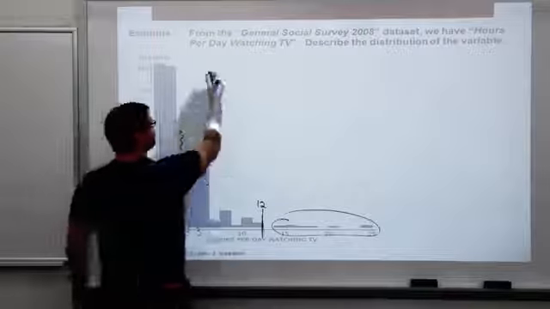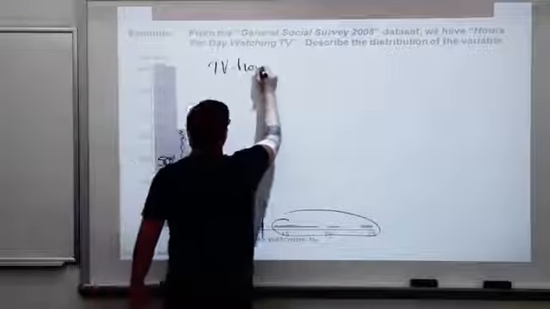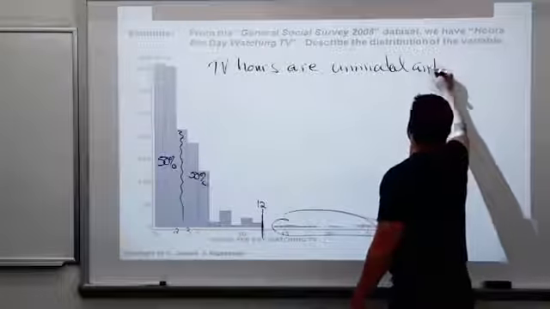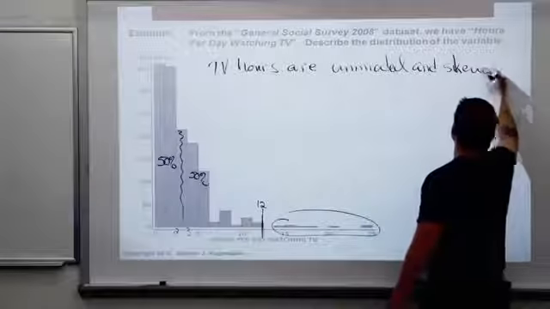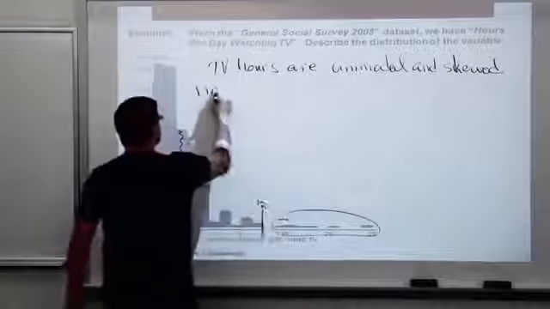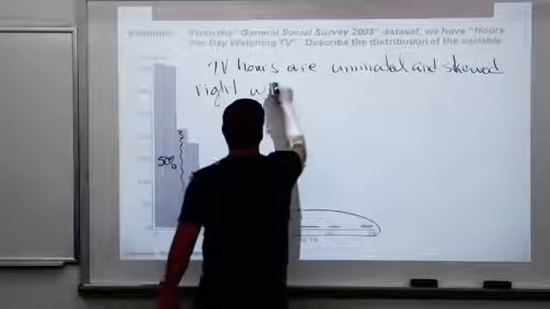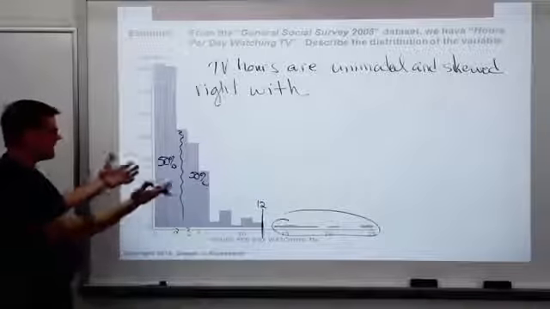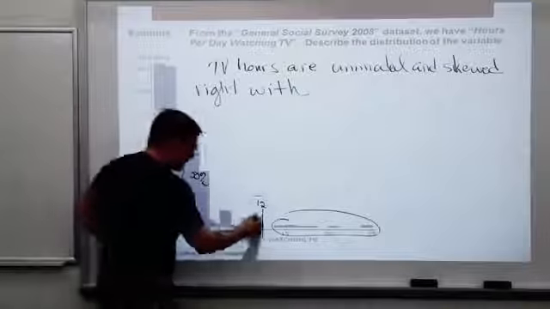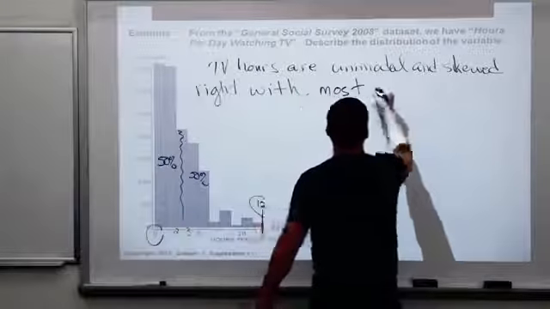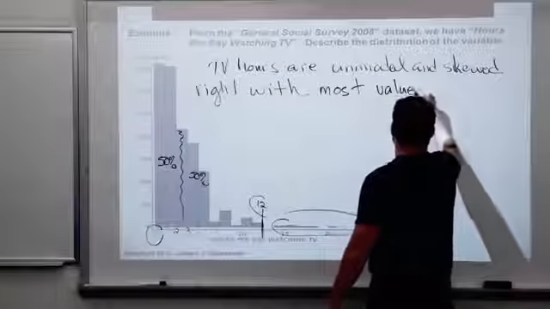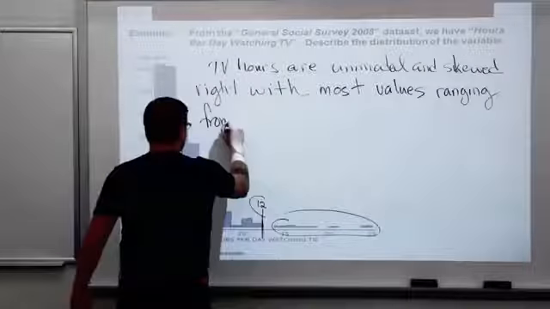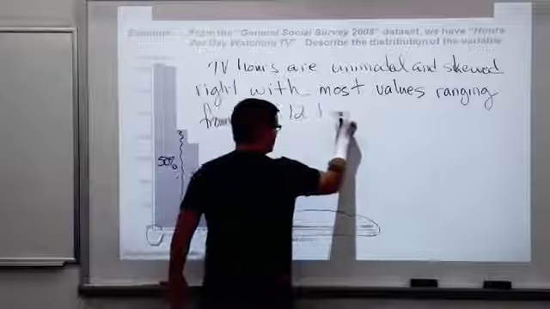All right, describe the distribution. TV hours are unimodal and skewed right, with, usually I can do this in 2 sentences, so I'll say with most values ranging from 0 to 12 hours.